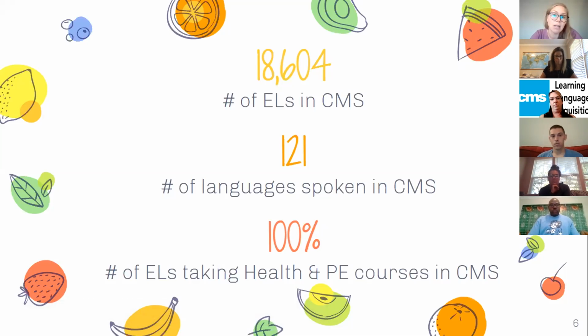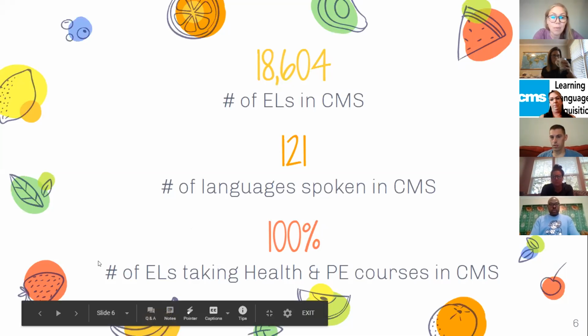Just a fun fact, 121 different languages. And then related to what you're saying, 100% of those 18,604 students are taking health and PE. And so we do want to make sure that they have support there because they're all your students and all our students.